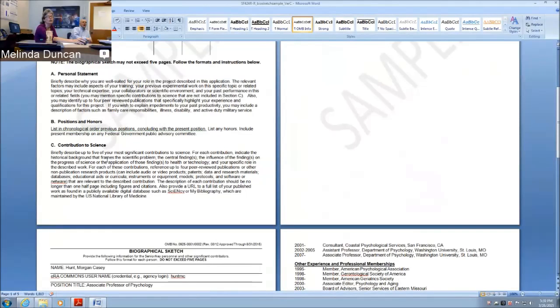It's where you briefly describe 5 of your most significant contributions to science. For each contribution, indicate the historical background that frames the scientific problem, the central findings, the influence of your findings, and your impact. And you can reference up to 4 peer-reviewed publications or other non-public research documents.